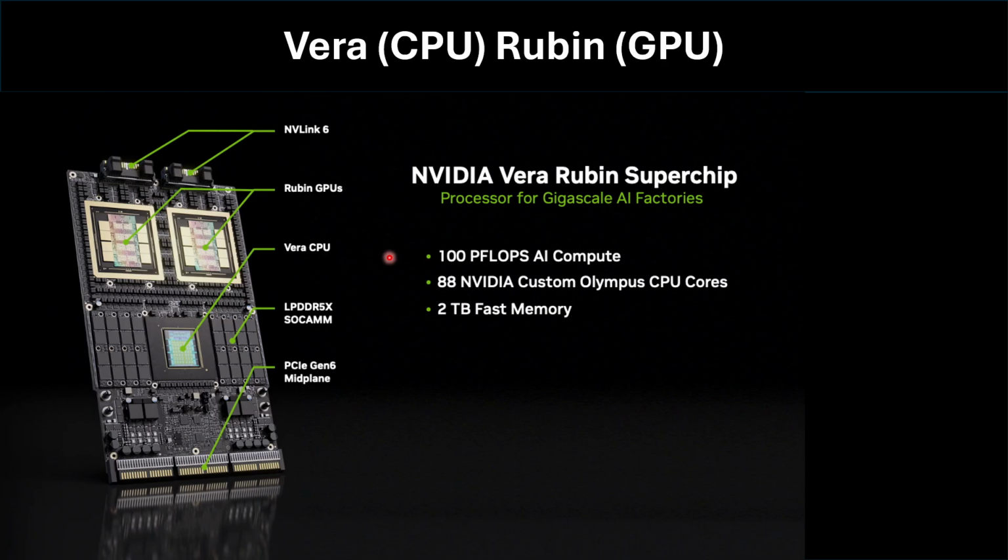The intent of this design is obvious from these NVLink and PCIe ports. Also, the NVIDIA Vera Rubin Superchip, they call it Superchip. This one CPU and these two GPUs, they call it a Superchip, and we will see how they are connected.